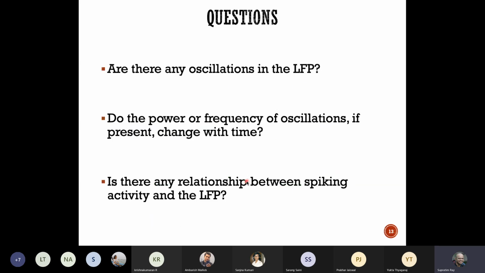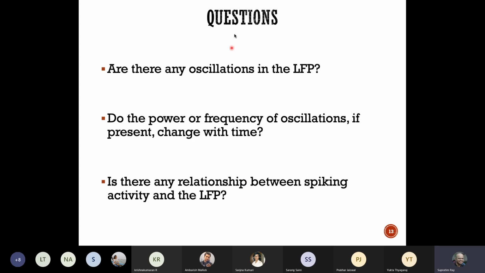Now I'm going to ask a few questions and we will develop the math to answer those questions. First, as I mentioned in my previous class, whenever a stimulus is presented, it often induces certain oscillations. In fact, there are oscillations in the local field even before a stimulus is presented.